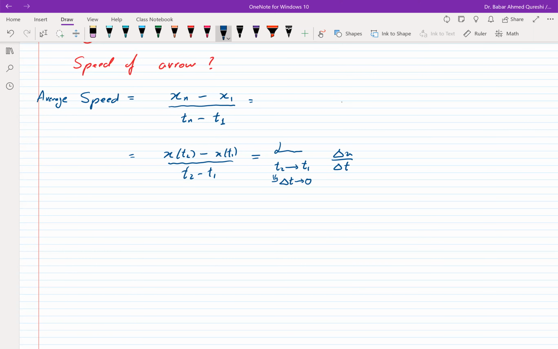And people use this symbol of limit, and call this speed at that instant, at instant t1. And since it's right around that t1 point, let's even drop the nomenclature of average. Just call it speed at that instant t1.